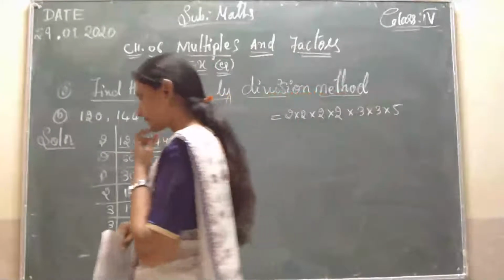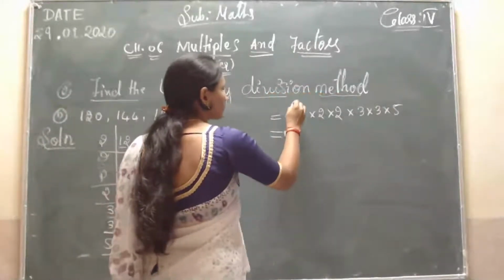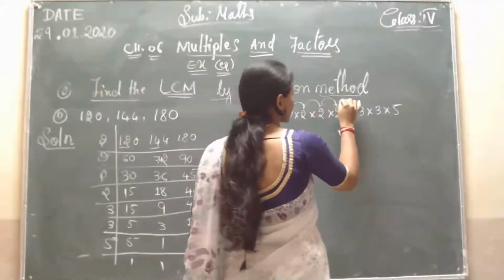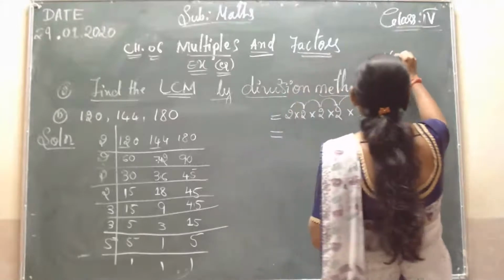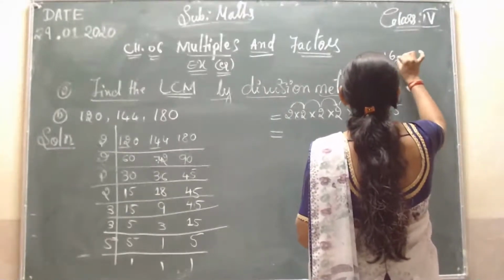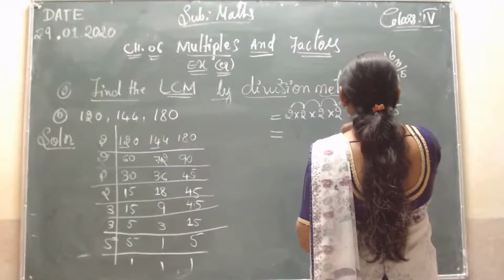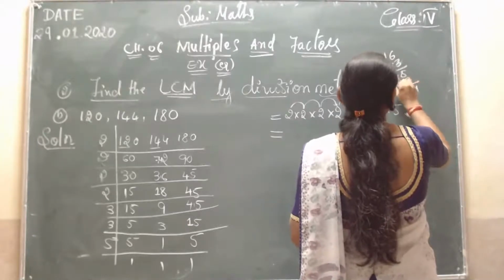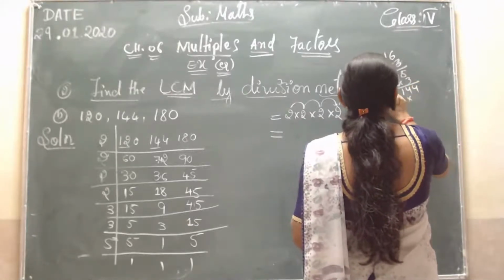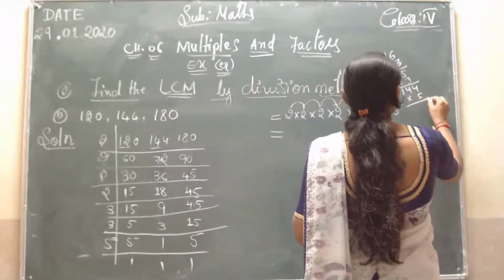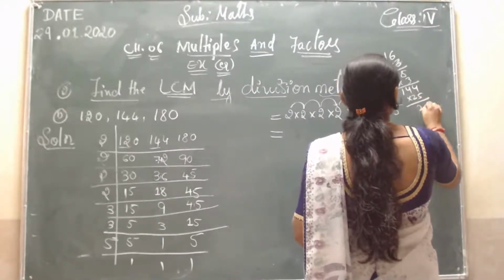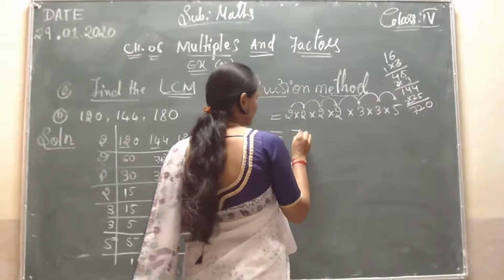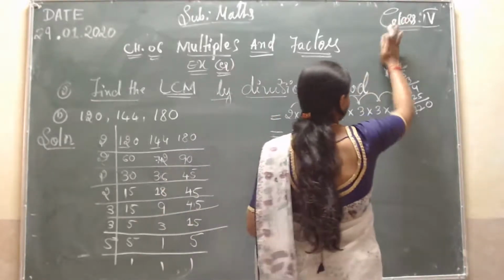Students, now you see, you have to multiply 2 by 2 is 4, 4 by 2 is 8, 8 by 2 is 16, 16 by 3 is 48, 48 by 3 is 144, afterwards 144 by 5. Students, see what is the LCM? So that is 270.